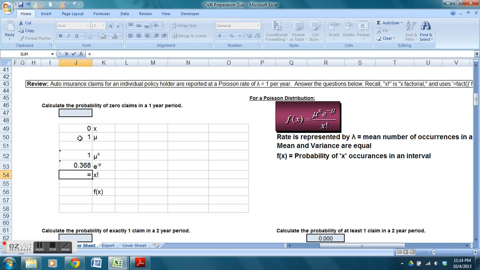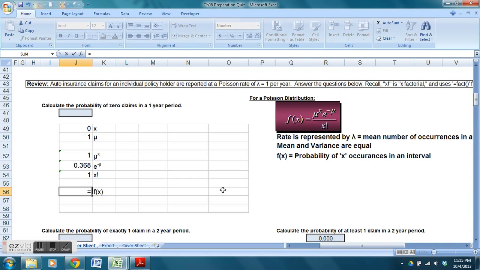And x factorial, which you remember is just x multiplied by x minus 1 multiplied by that number minus 1 again. For example, 3 factorial is 3 times 2 times 1. We can just use the factorial function of x. Factorial of 0 is 1, if you did not recall.